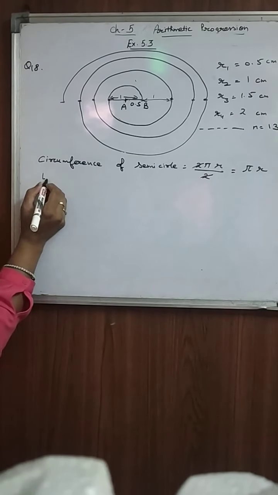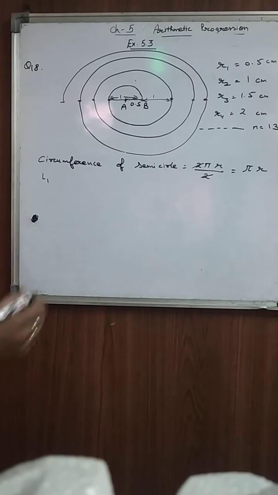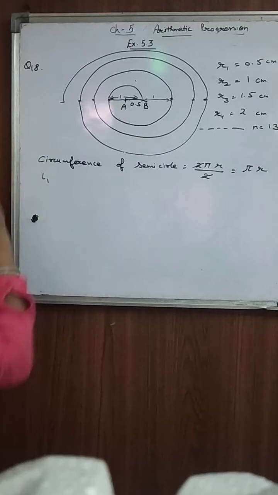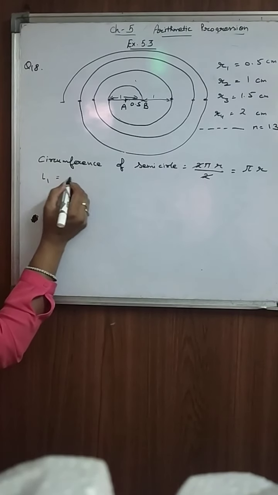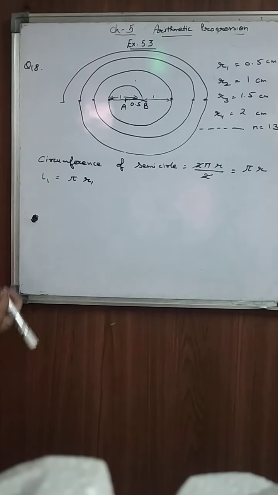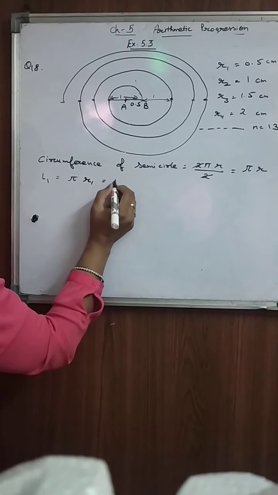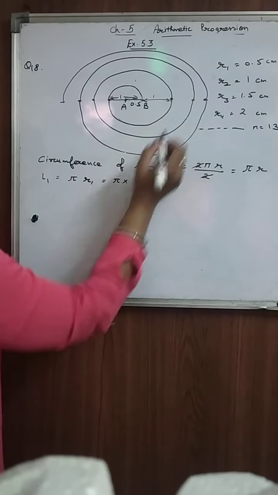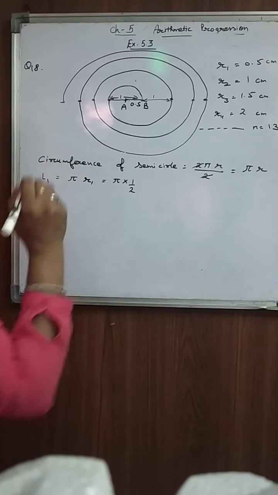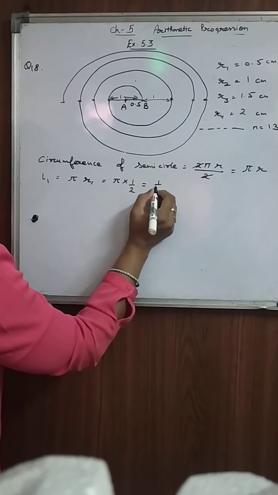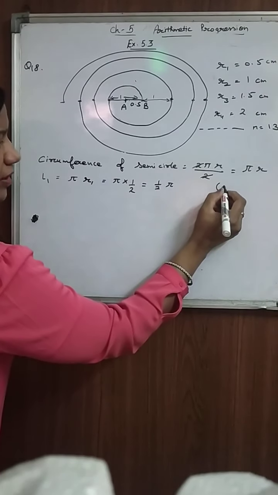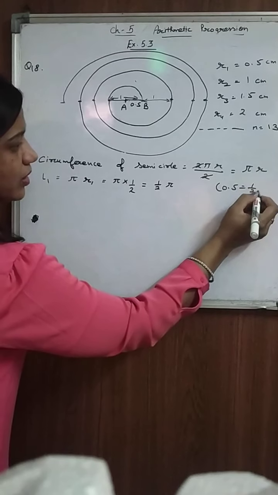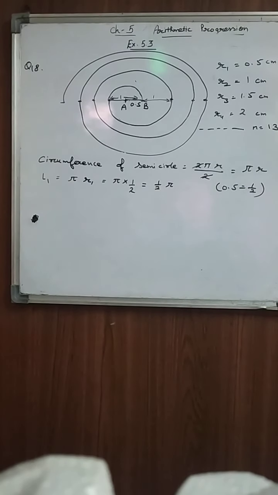Let's find L1. I am denoting the circumference of the first semicircle. L1 will be equal to pi r1. Pi into r1, which is 0.5. 0.5 is equal to 1 by 2, so I have written it 1 by 2 pi.